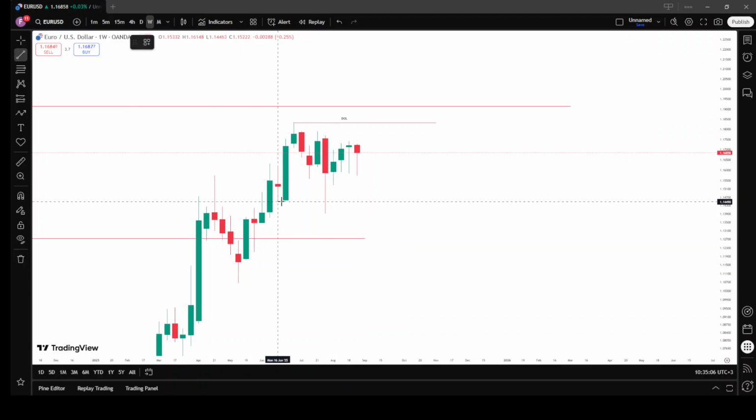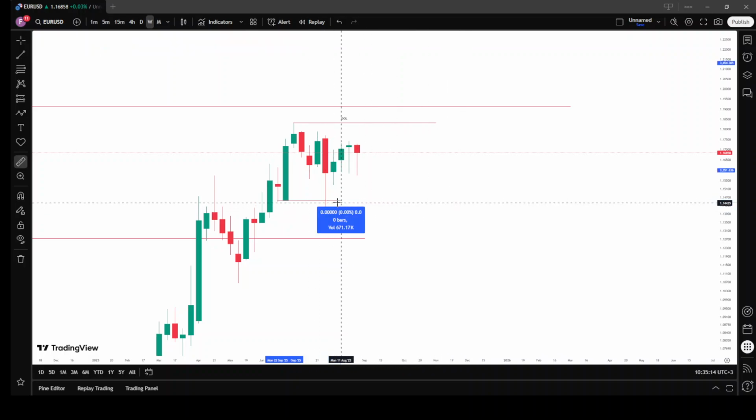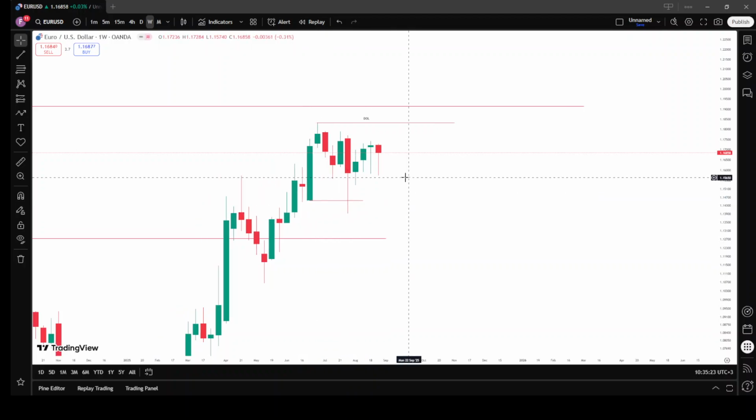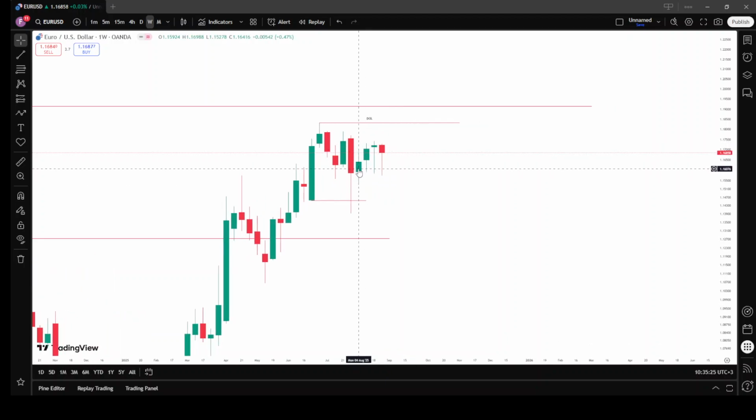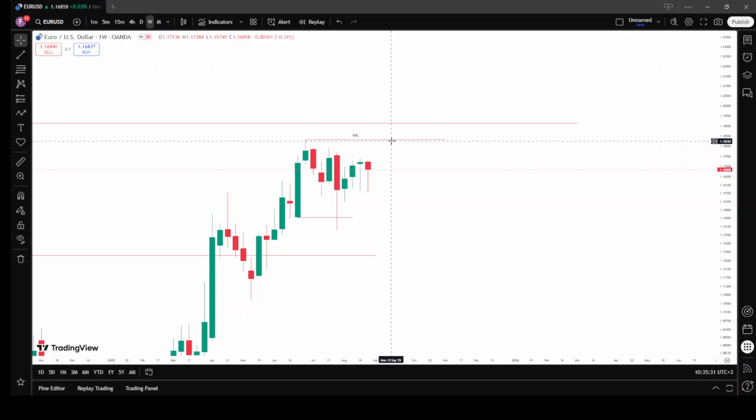And if we mark this zone on the weekly chart, it will be a swing low on the daily chart. So this zone where manipulation happened, or this low which the price was rejected off, will be a swing low on the daily chart. Now we have these three inside-close candles, which have been pushing price higher.